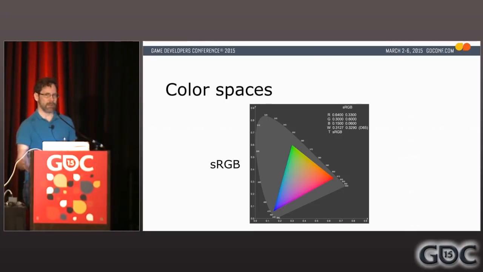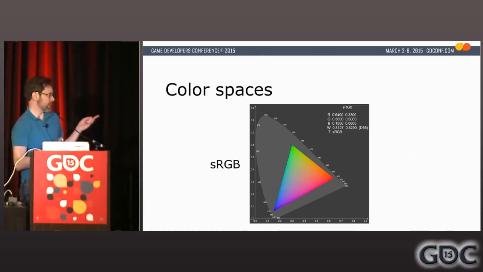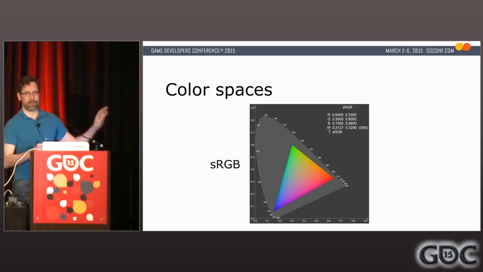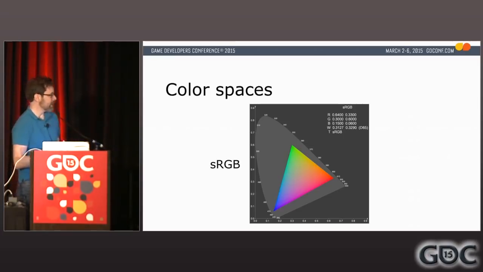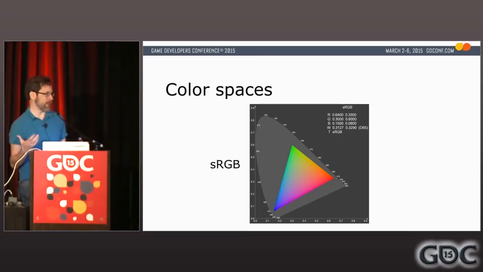And it bothers me when they do that, because you can't represent all of that. You can't represent that in print media. You can't represent that generally. Actually, I can't think. You can't represent it in display media. So just remember, they're lying to you when they're doing that. What I'm showing here in this triangle is what I can actually represent in color, because I'm using sRGB.